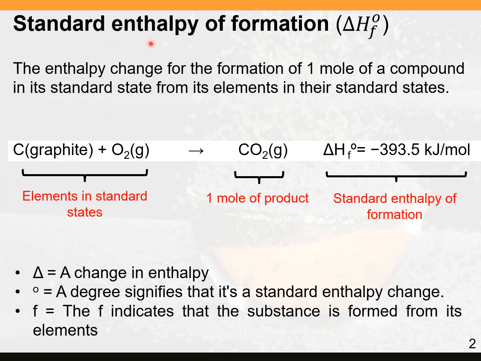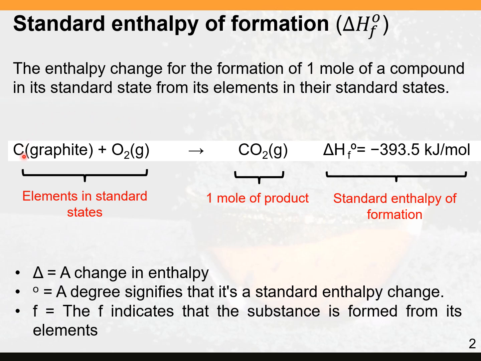The standard enthalpy of formation of a compound is the enthalpy change for the reaction where 1 mole of the compound in its standard state is formed from its pure elements in their standard states.